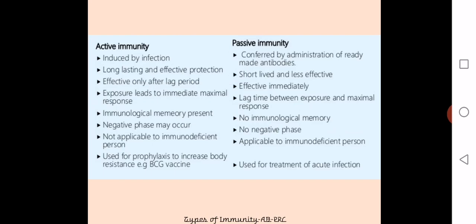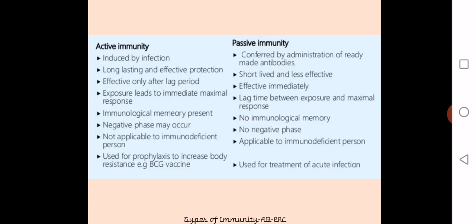There is a lag period in active immunity, but no such lag period in passive immunity. There is an immediate effect for passive immunization, whereas in active immunity there is a lag time between exposure and maximal response. So these are the different comparative points for active and passive immunities.